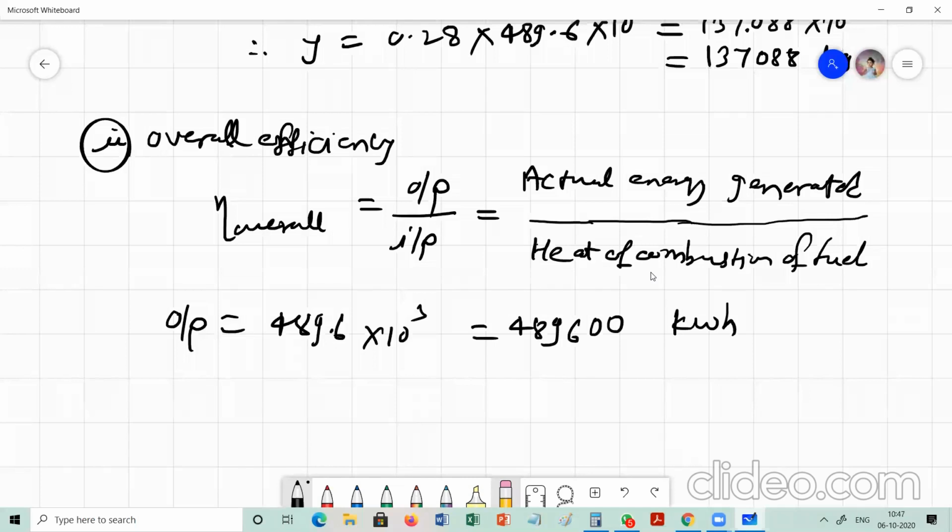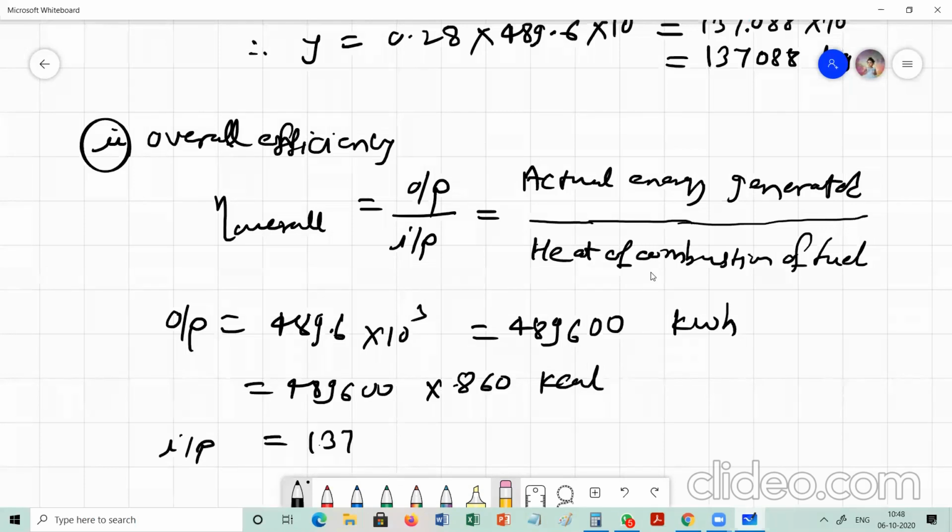We have to convert it into kilocalorie because the denominator is also kilocalorie, which is equal to 489,600 into 860 kilocalorie. We know that 1 kWh is equivalent to 860 kilocalorie.